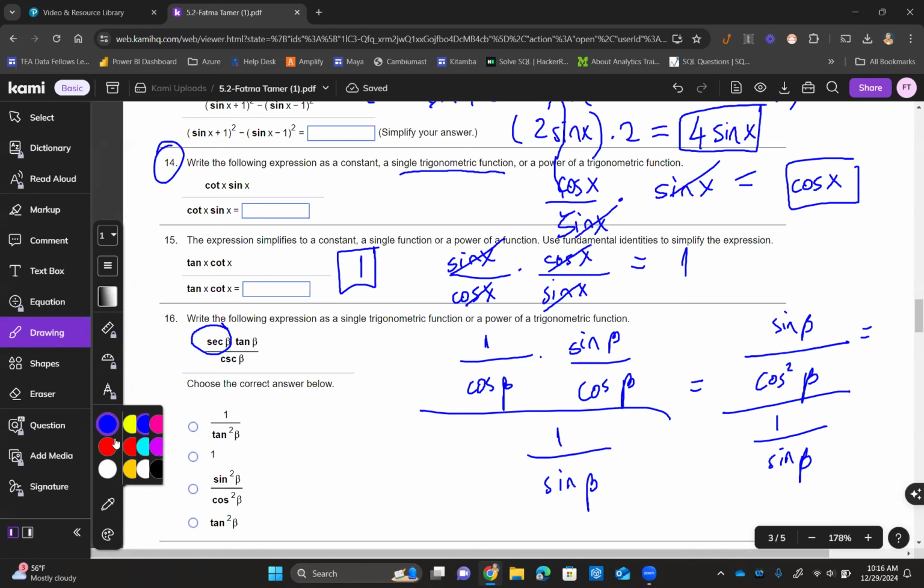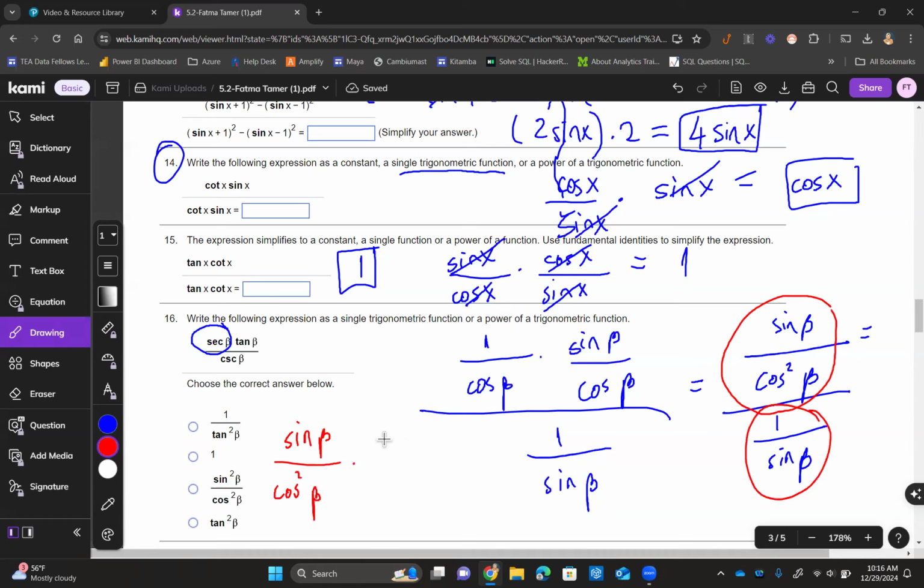Now I'm going to use the properties of dividing fractions. We copy the first one as sine of beta over cosine squared beta, and then multiply by the reciprocal of the bottom one, which is sine beta over 1. Sine times sine gives sine squared beta, and the bottom is cosine squared beta.